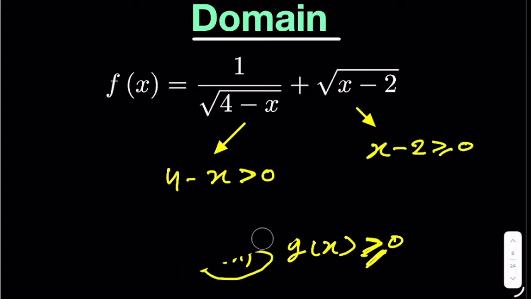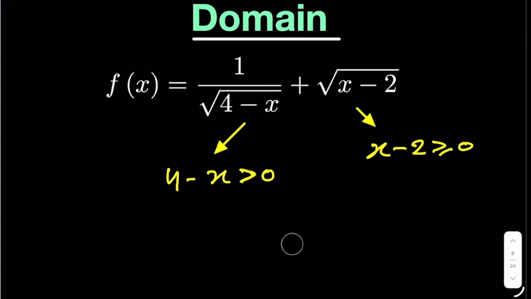So our target: if 4 minus x is greater than 0, that function is defined. Otherwise, if 4 minus x is equal to 0, it is not defined. That's why we have taken only 4 minus x greater than 0. I hope you understand. Next, if we multiply by minus, this becomes minus 4 plus x greater than 0.